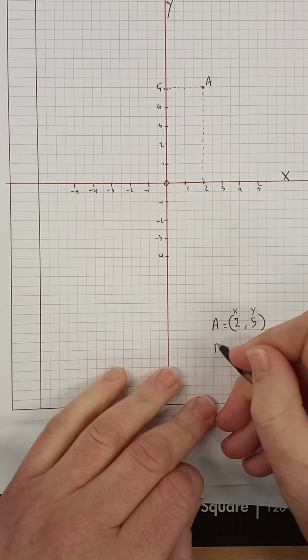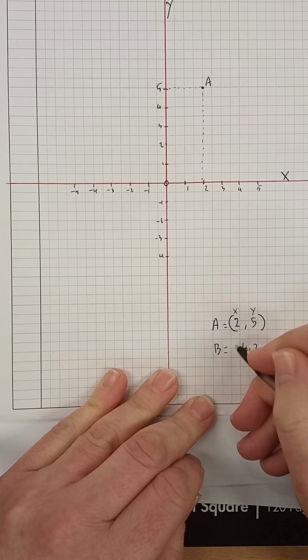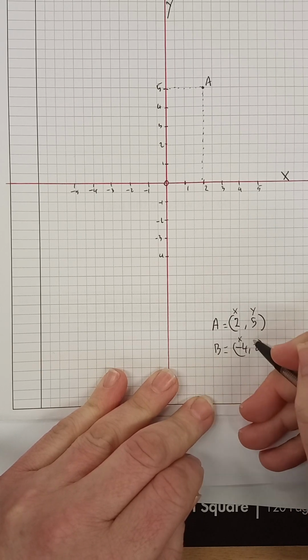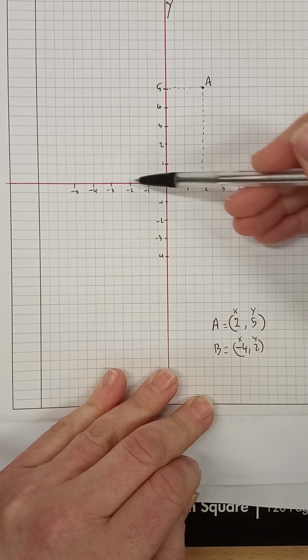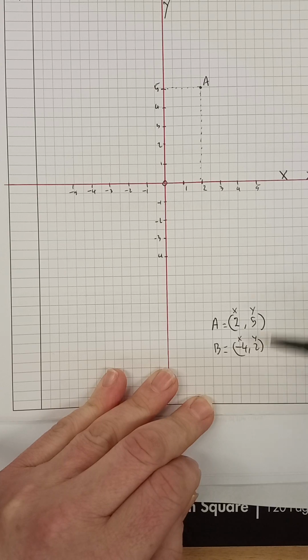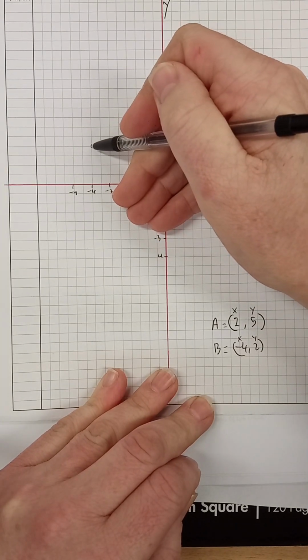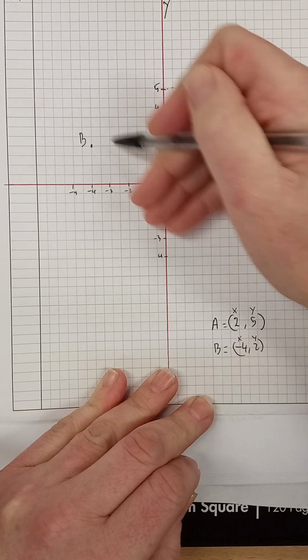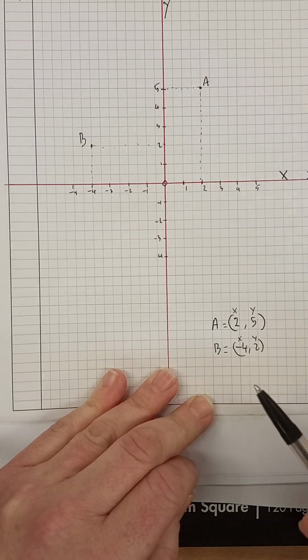For example, if I was to do the point B, where it was -4 and 2, again, this is my x, this is my y. So I will go out to -4 and up to 2. So look, there we have it, -4, 2. And that would be my B. And again, you can see visually, there it is.